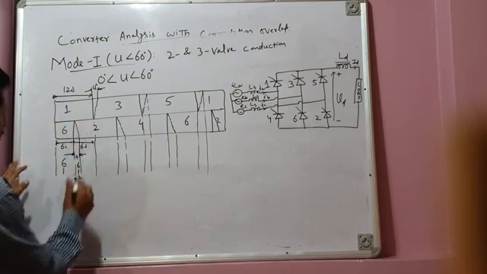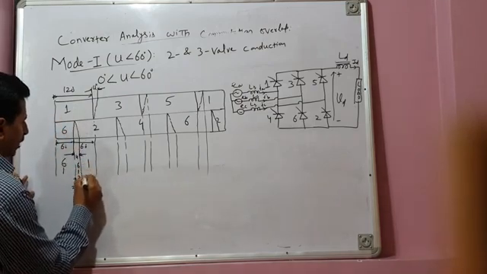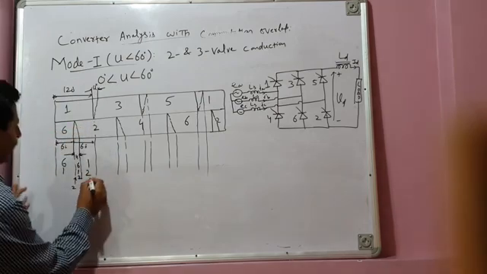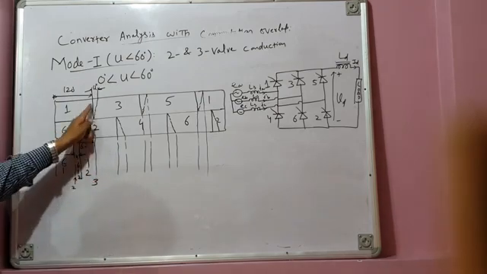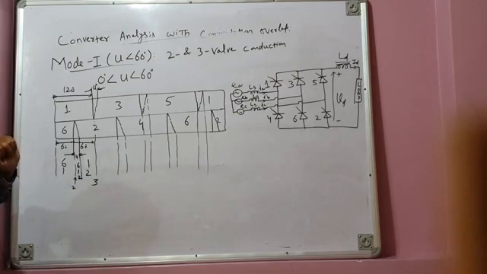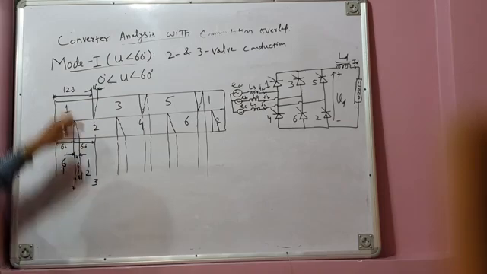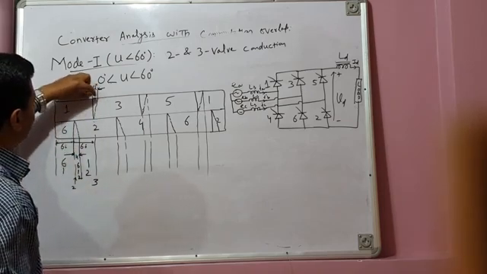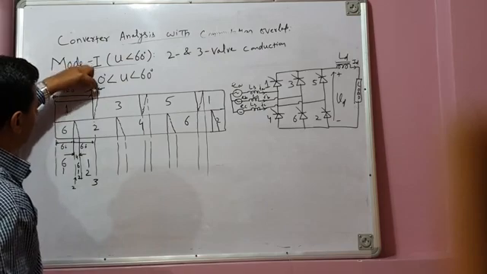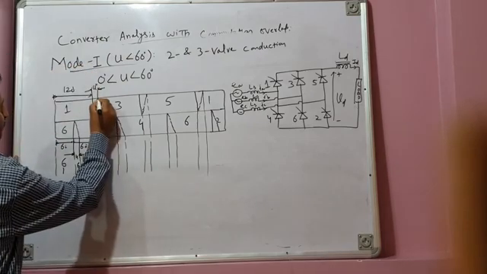So 1, 2. There will again be 2 valve conduction, 1, 2. Then a firing pulse is issued to valve 3. You can see valve 3 is fired. And there is not transfer of current from valve 1 to valve 3 instantly. The current transfers from valve 1 to valve 3 during this overlap angle u.